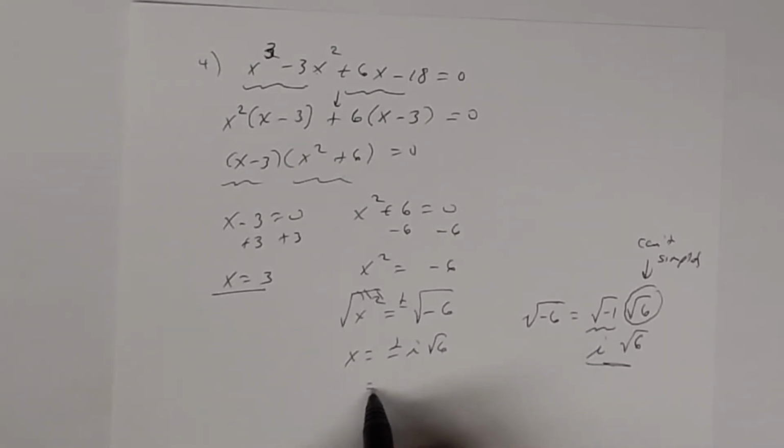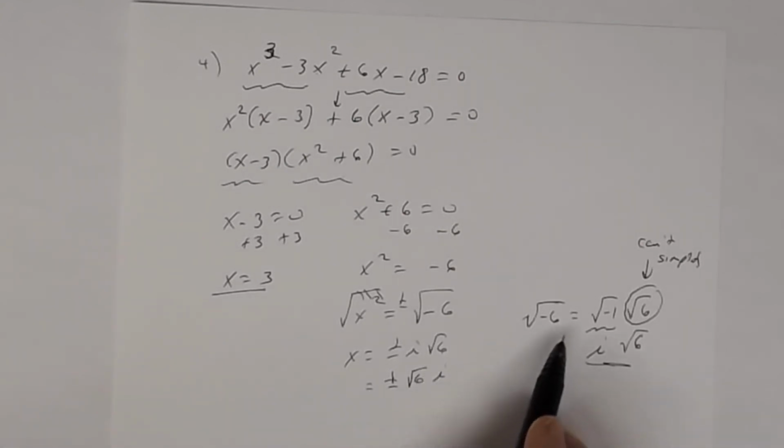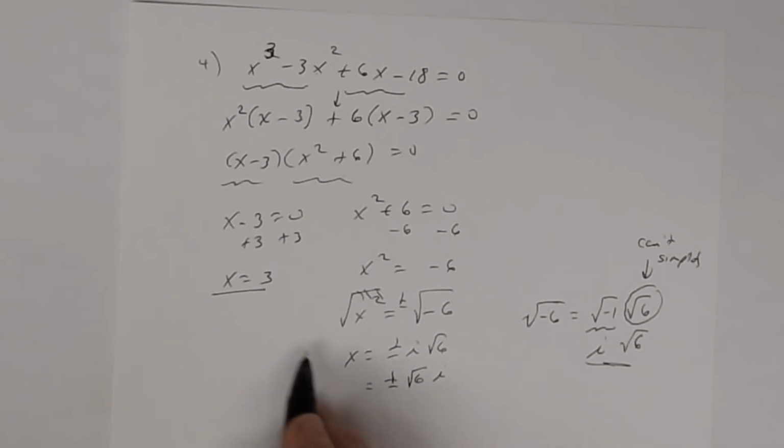So when you put it on the back end, make sure it looks like square root of 6, and that i is not appearing under that square root. If you do, that's incorrect. Remember, i is the square root of negative 1, so this is the square root of 6 times the square root of negative 1. All right, so there are your three solutions in this case.